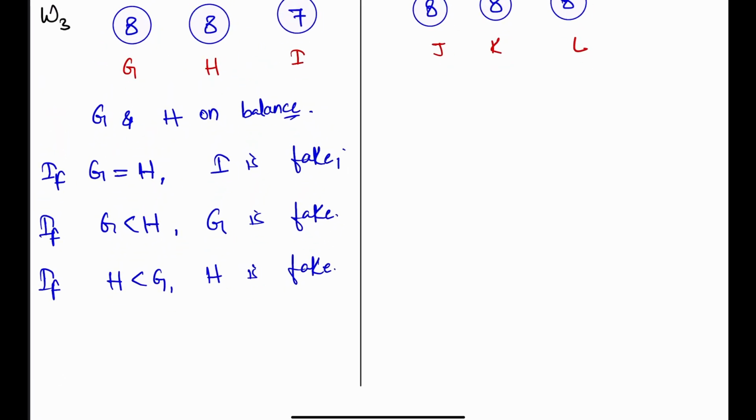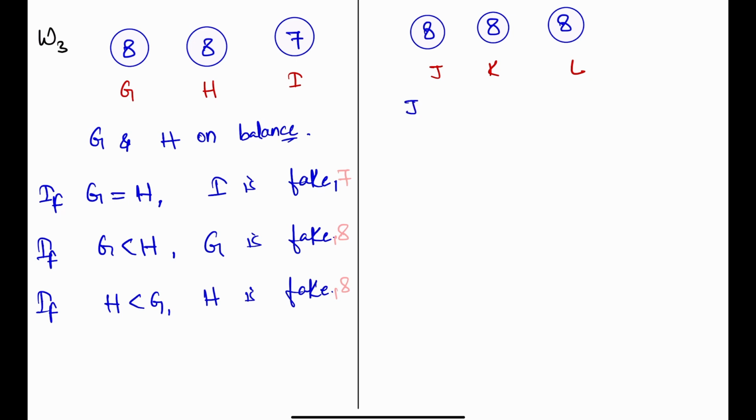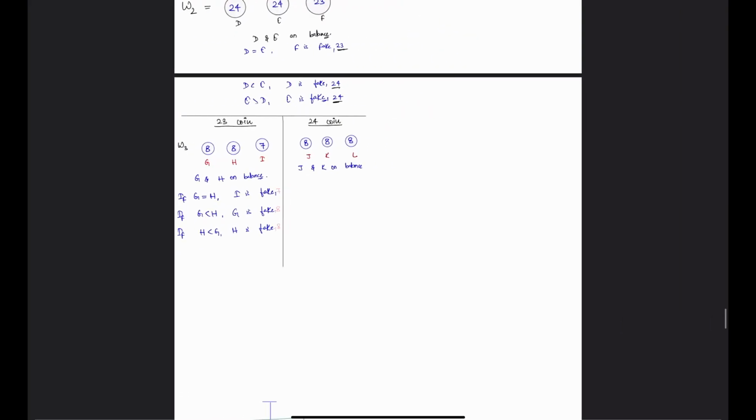I, so here it will be 7. Let me use a different color. Here it will be 7, here it will be 8, here it will be 8. So similarly in this one though we can keep anyone, but let's take J and K on balance, right?